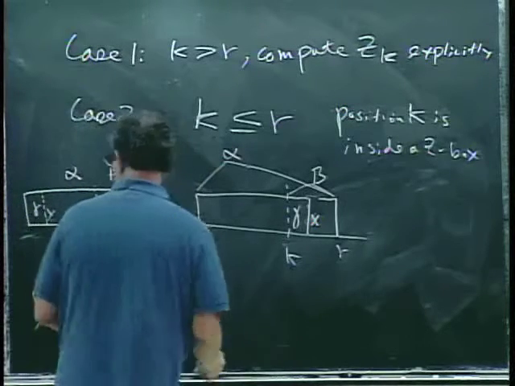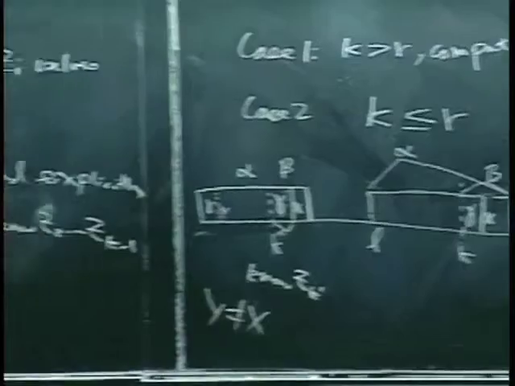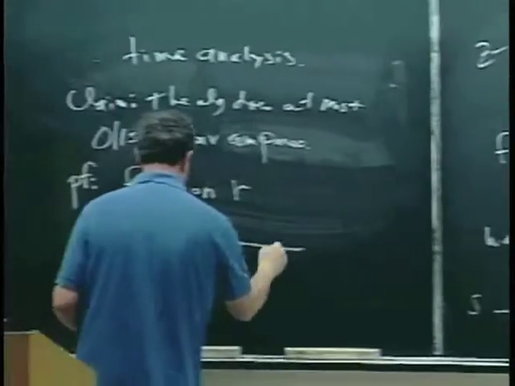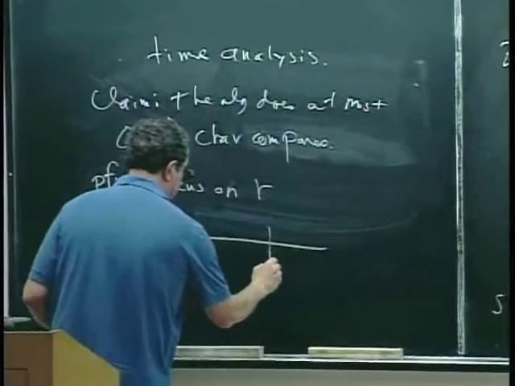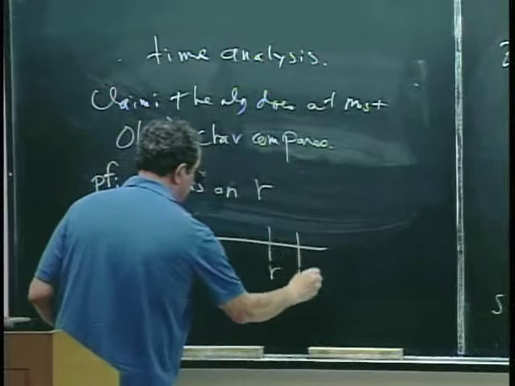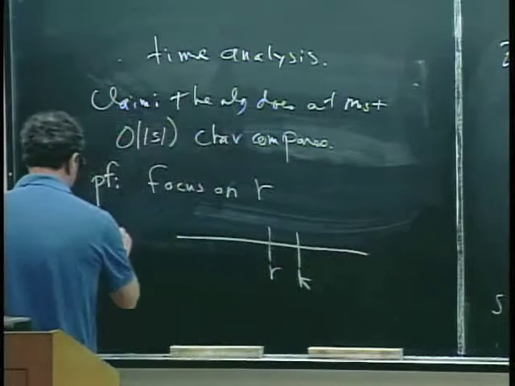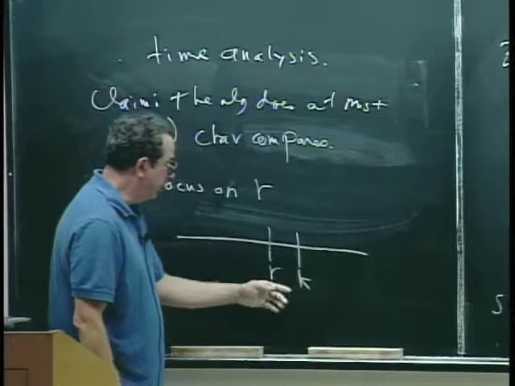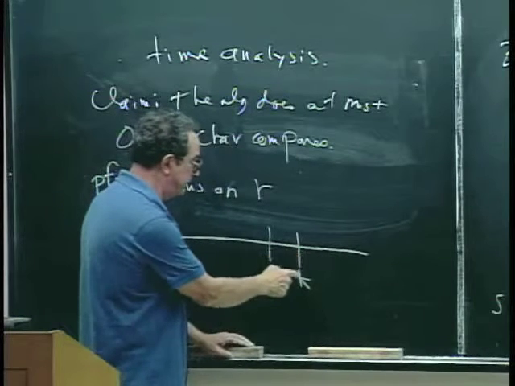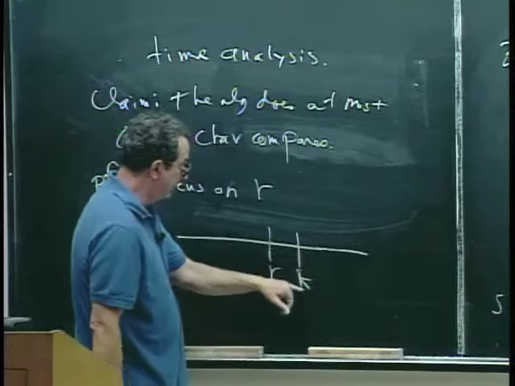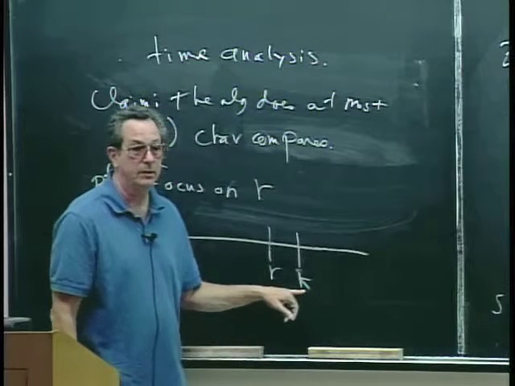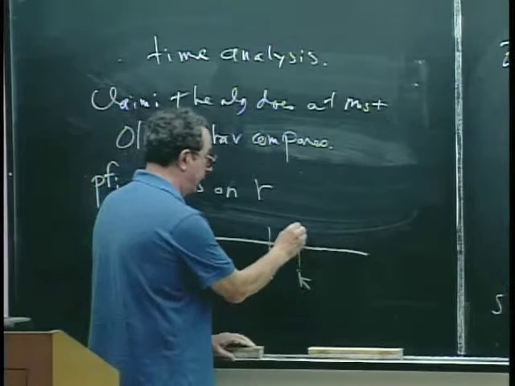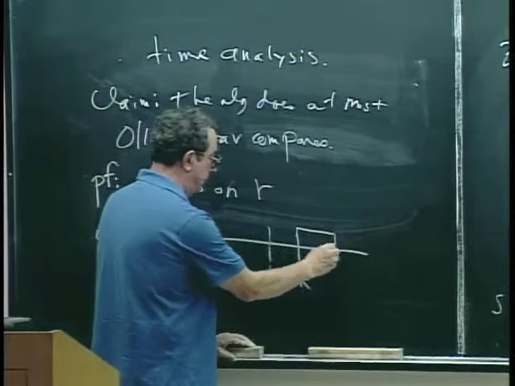Over here, here's r, here's k. So this is case 1. So k is bigger than r, and suppose that we actually find that zk is strictly bigger than 0, then what happens to r? We created a new z box here.